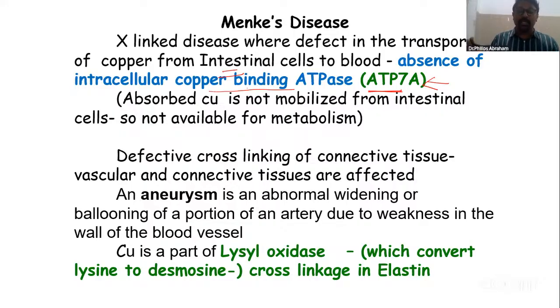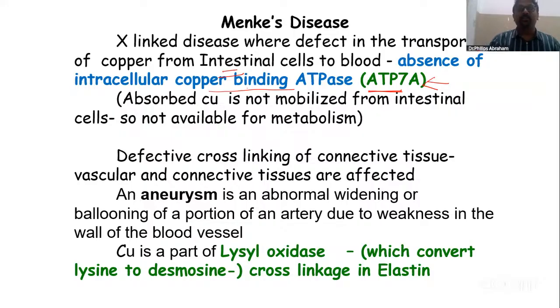So that leads to aneurysm, blood vessel ballooning. Lysyl oxidase helps in the cross-linking of elastin and collagen. So what about Menkes disease? A copper-binding ATPase is absent in the intestine, so there is a defect in absorption.